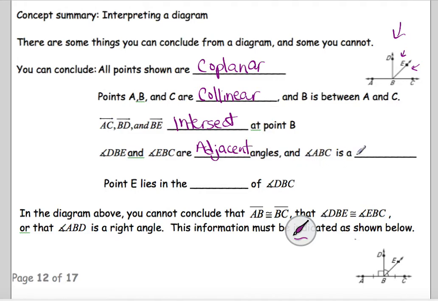And angle ABC is a straight angle. And point E lies in the interior of angle DBC. Find DBC, see how E is in between, inside of that angle there.